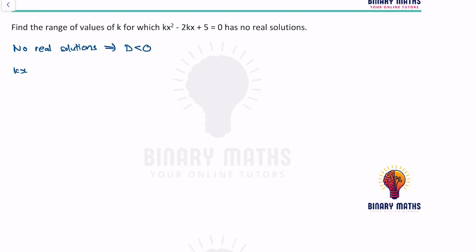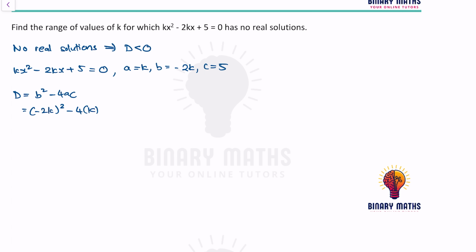So we've got kx squared minus 2kx plus 5 is equal to 0. So my a in this case is k, my b is minus 2k, and my c is 5. So if I work out my discriminant, b squared minus 4ac, which is negative 2k all squared, minus 4 times k times 5.